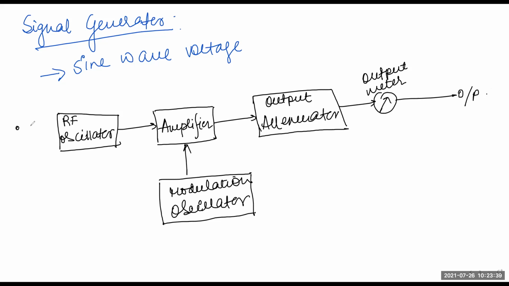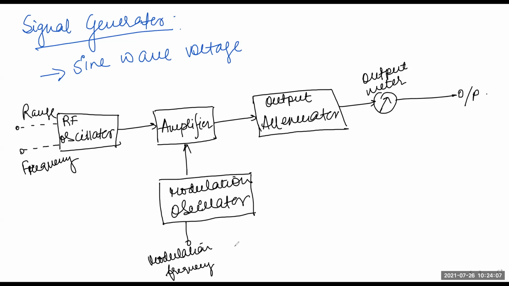Here some range of frequency will be there because it's an oscillator. And in the modulation oscillator, what are the things you have to keep? One is definitely modulation frequency, and another is percentage of modulation.